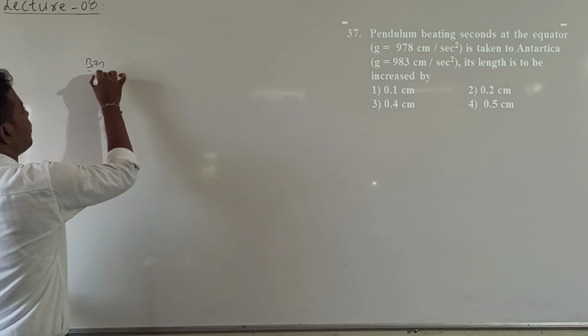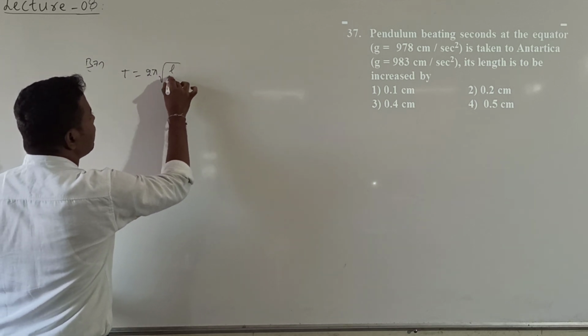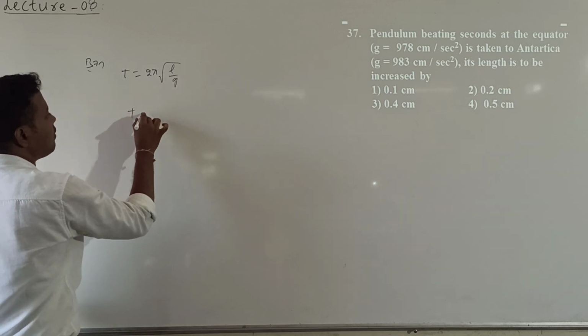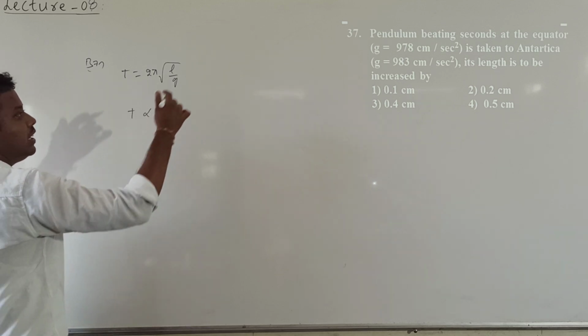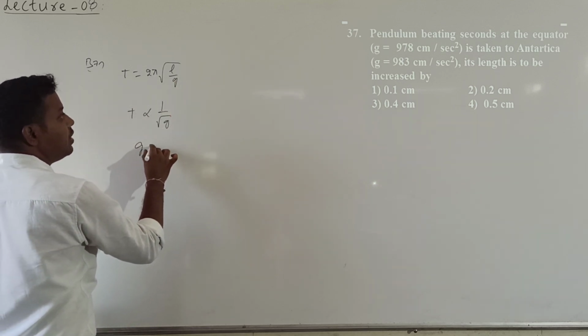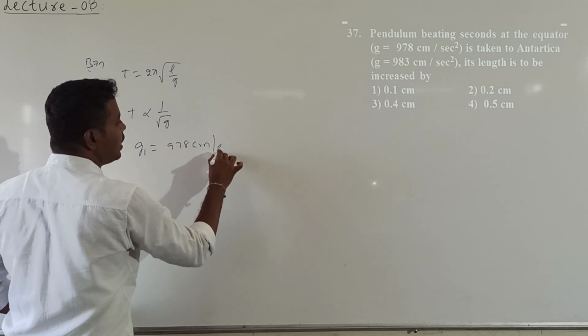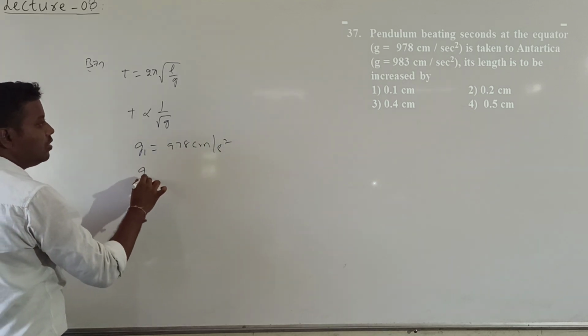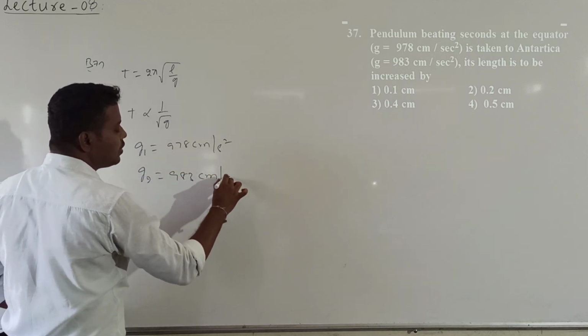What is the time period formula? T is equal to 2 pi into root over L divided by G. So T is inversely proportional to root G. Here the G1 value is 978 centimeter per second square, whereas the G2 value is 983 centimeter per second square.